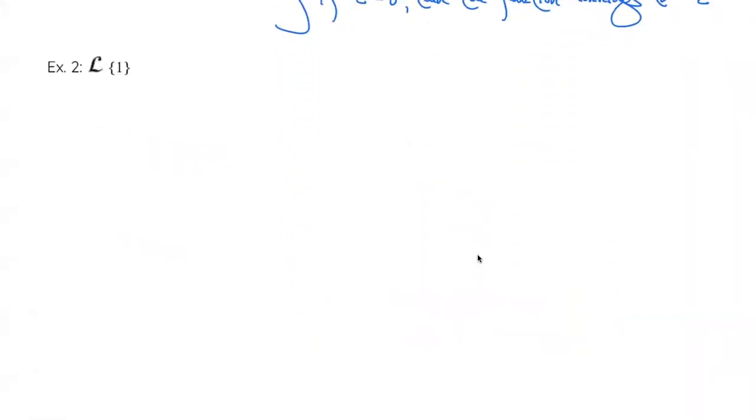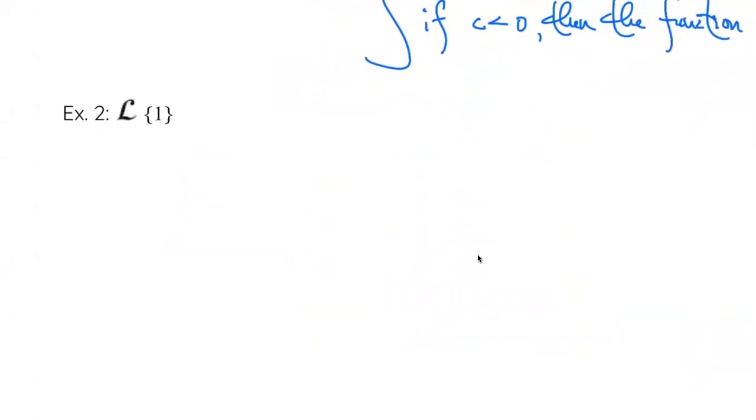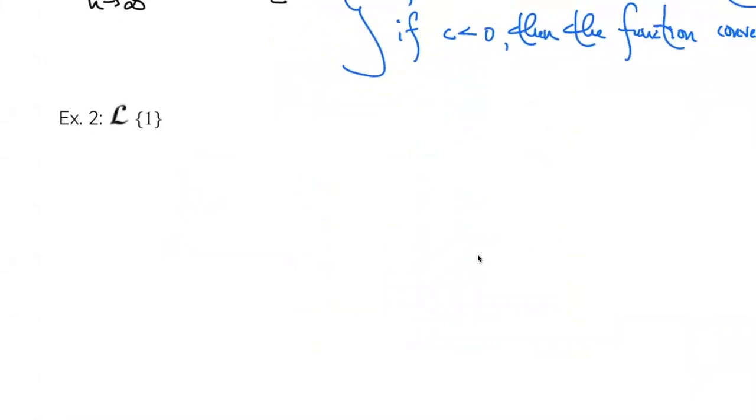All right. So let's take a look at this particular question. For some reason, the equation editor that I'm using does not have the Laplace symbol in it, so this is the best I could do. But really, this is the same as the uppercase script L. Remember, for the Laplace transform, we use curly braces, and then we put the function inside of it, right? So script L, curly braces with a 1 inside of it.